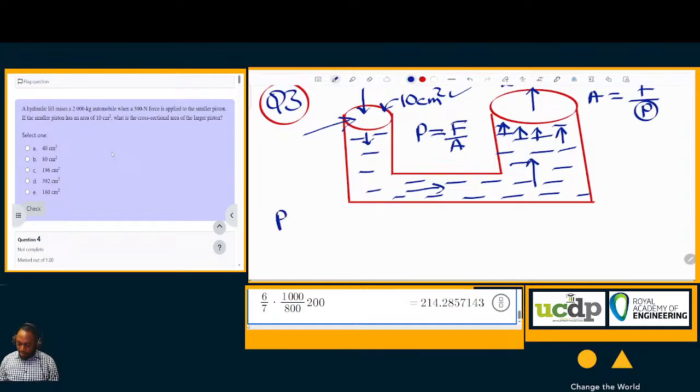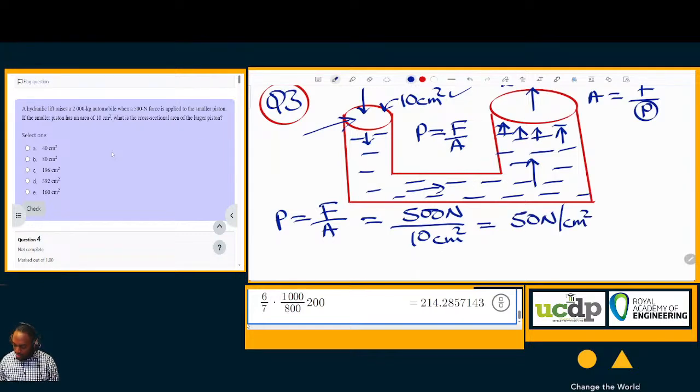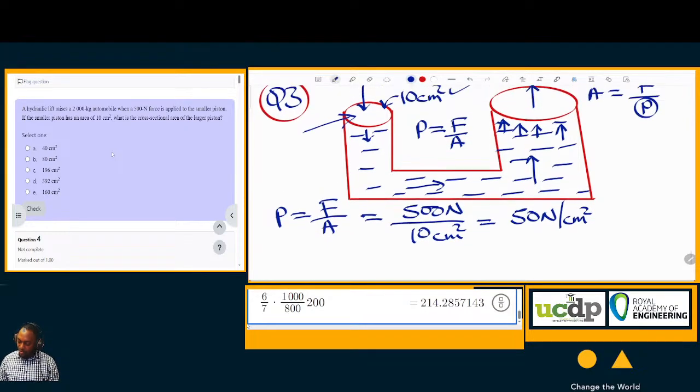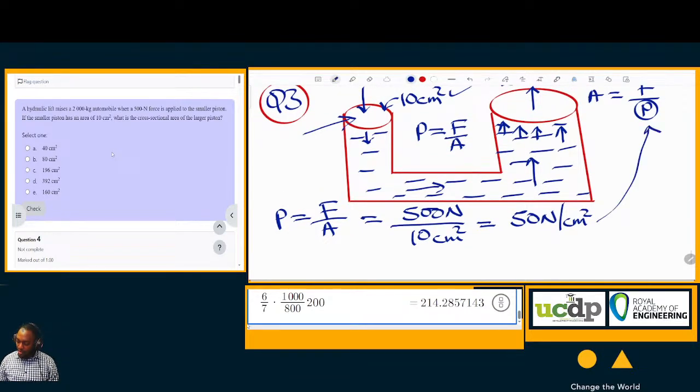Pressure is force over the area. Our force is 500 Newton over the area, which is 10 square centimeters. Take note, I leave it in square centimeters because the solutions require it in square centimeters. So this will be 50 Newton per square centimeters.